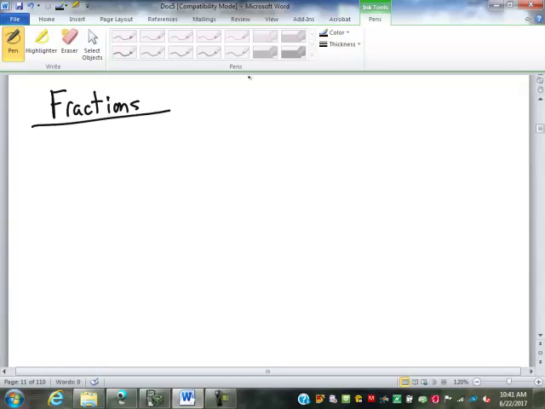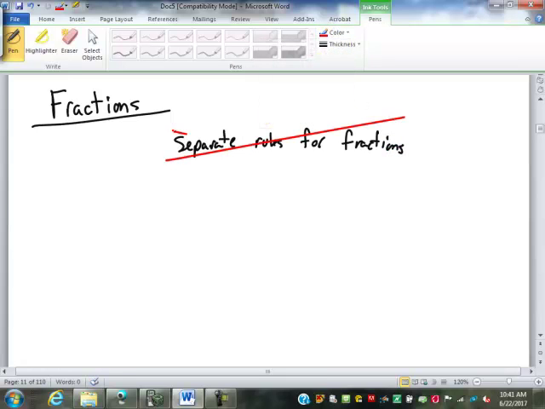Because ever since we first saw fractions, we have been taught that there are separate rules for fractions. And that is quite possibly the biggest lie that we tell math students. There are no separate rules for fractions. Fractions are just like any other number. They follow the exact same rules.